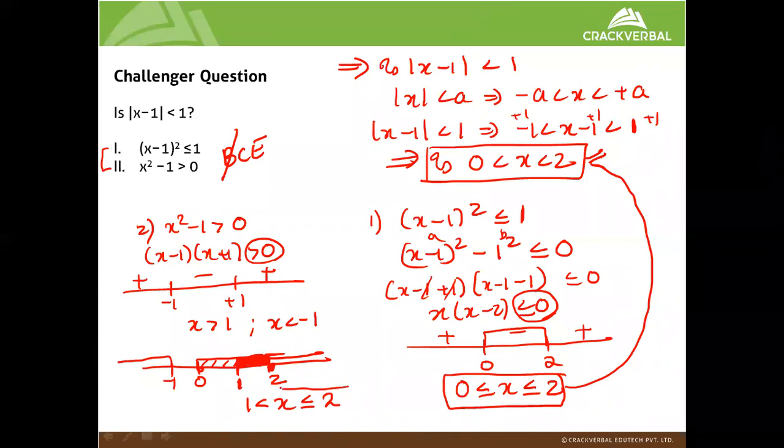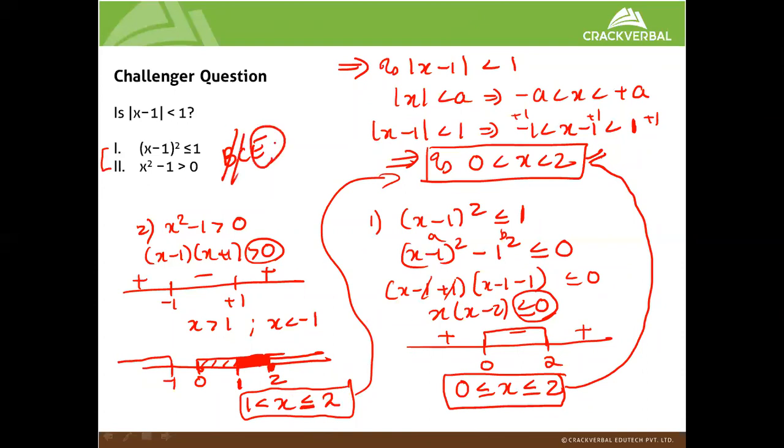Now, if I answer the main question, is x between 0 and 2? I get a yes if I take x to be 1.9. But I'm going to get a no because x can also be equal to 2. So the answer here has to be E.